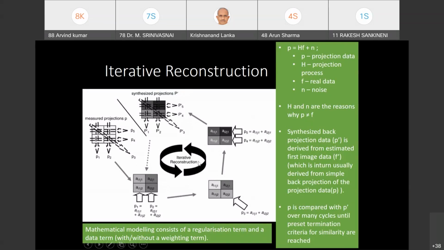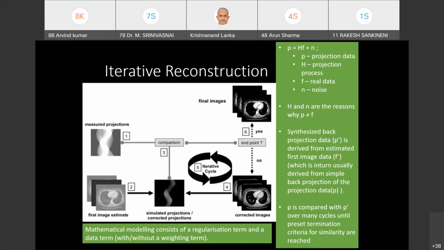So this is an iterative reconstruction. Either the filtered back projection strategy is okay, or this one is also okay, but depending on the situation one can use it. I'm not going to explain this algorithm because we still have more to cover.